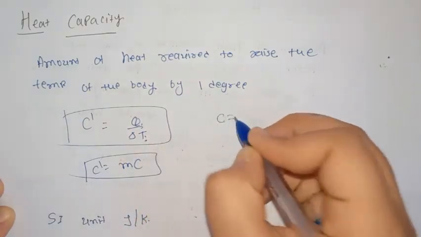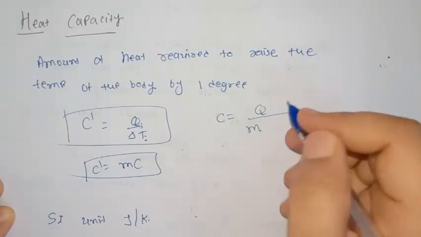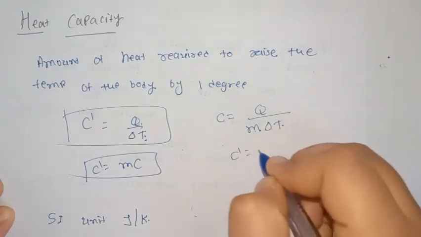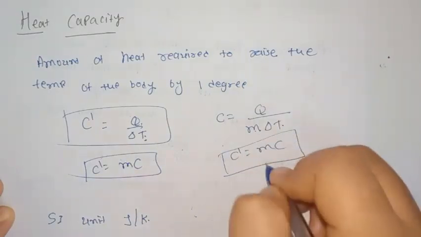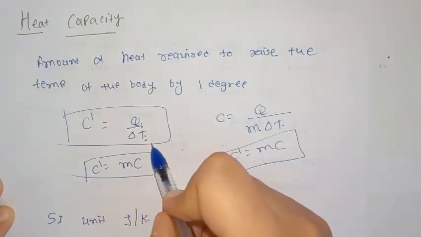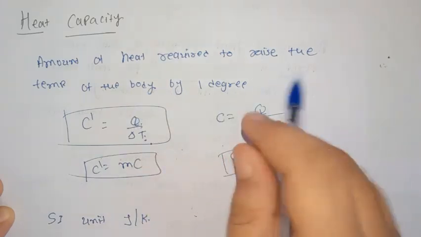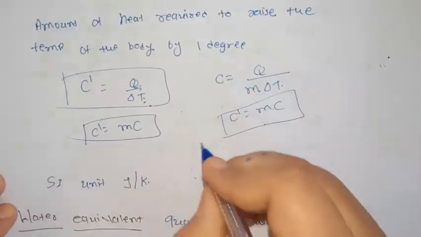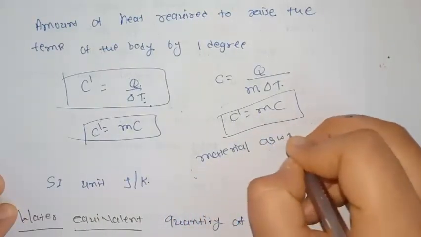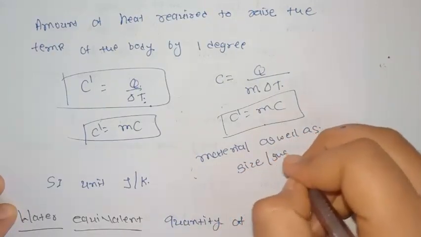The value of C is Q by m delta T. So we can write C dash is equal to m into C. The SI unit of the heat capacity will be joule per Kelvin. The value of heat capacity depends on the material as well as the size or shape of the object.